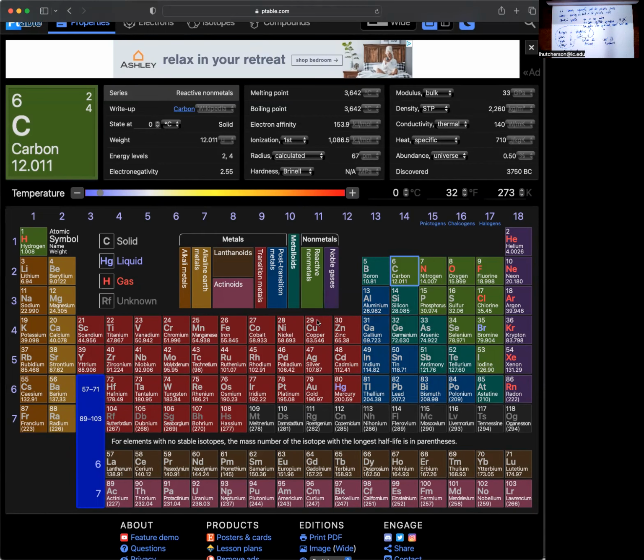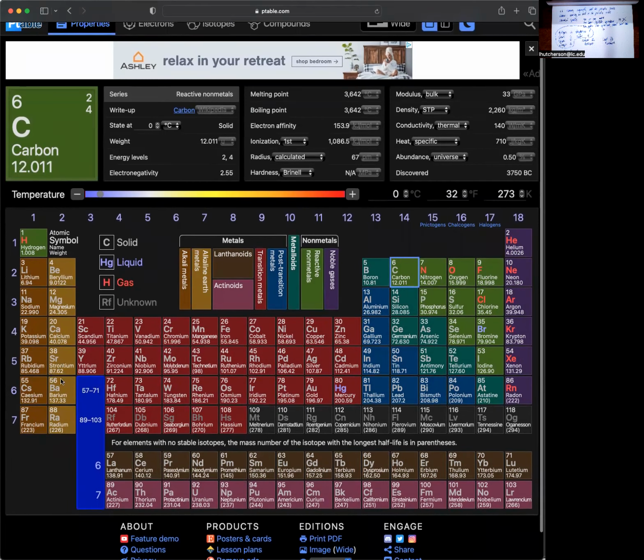All right. Now, something else that we need to think about on the periodic table. If you look, these are arranged in columns and in rows. The rows are called periods, by the way. That's where the name periodic table comes from. What do those tell us?